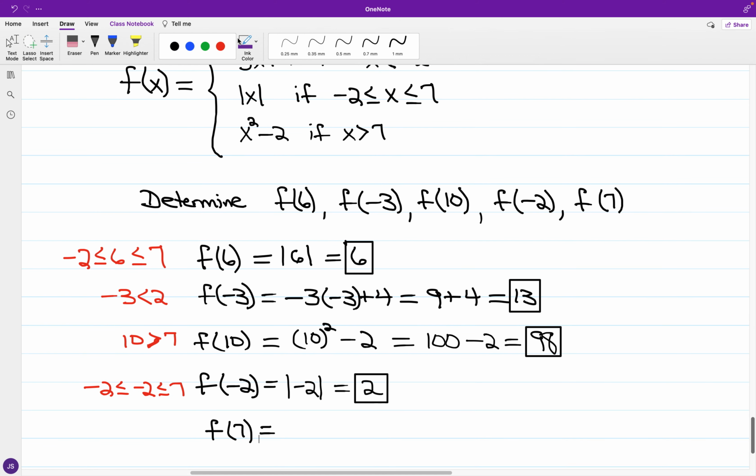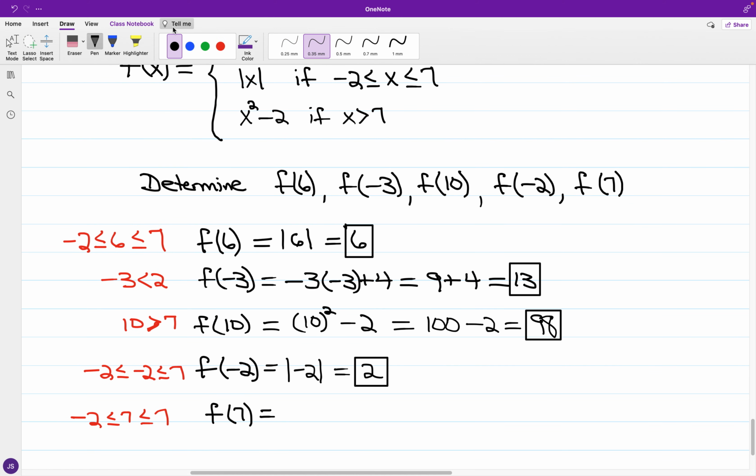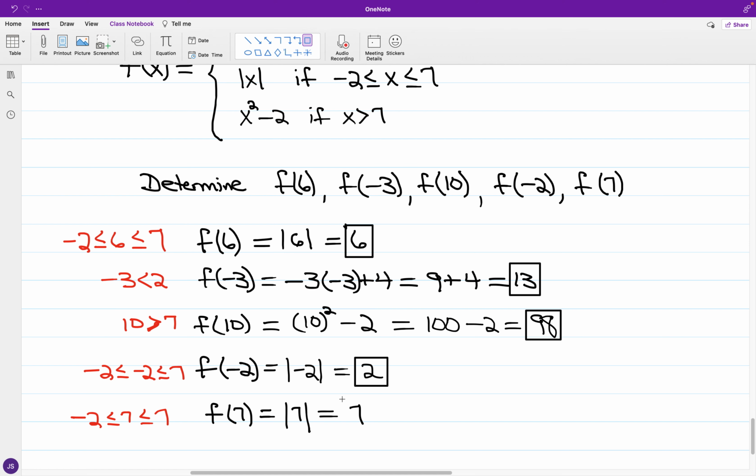So I'm going to have the compound inequality be that to which the input value of 7 belongs. And just like what was the case with 6 and negative 2 as the inputs, I'm going to apply once again the absolute value function portion. So f of 7 is going to be equal to the absolute value of 7, and the absolute value of 7 is going to be 7 itself.